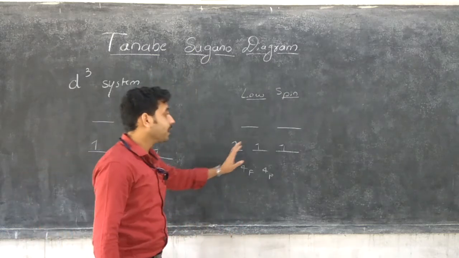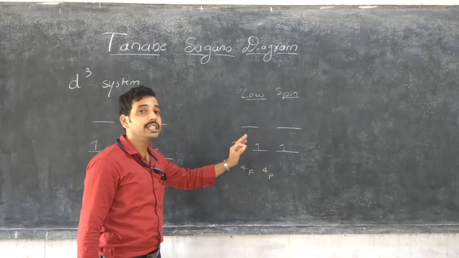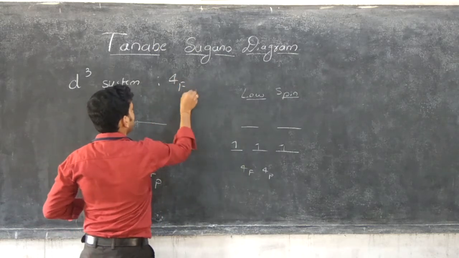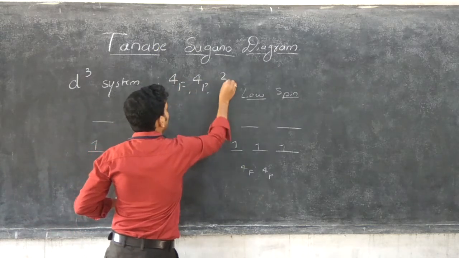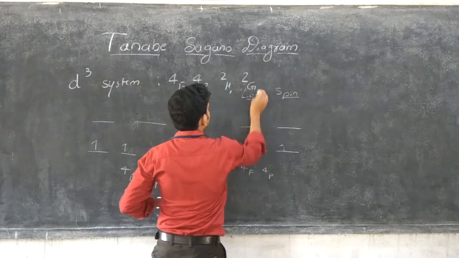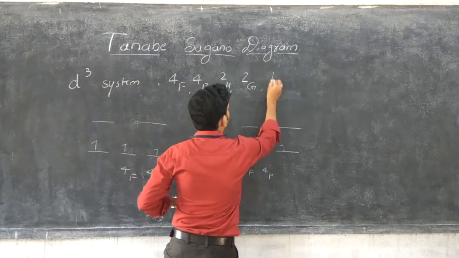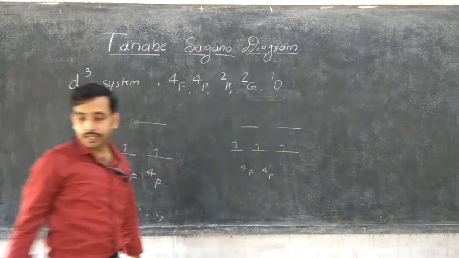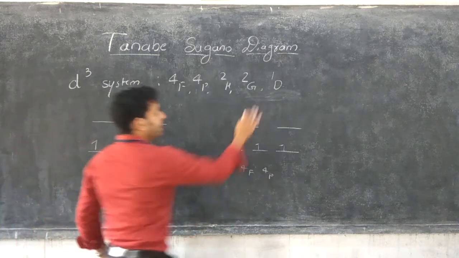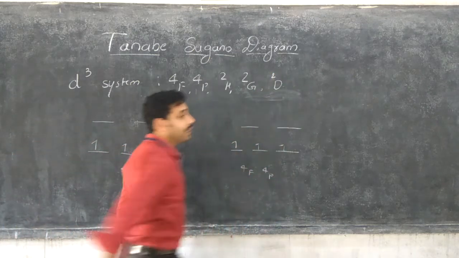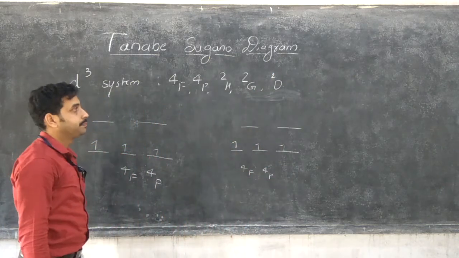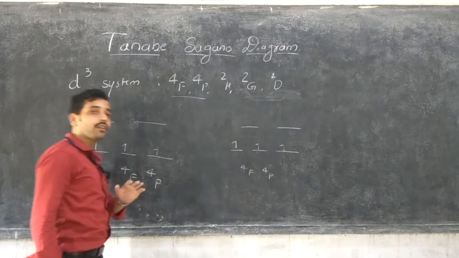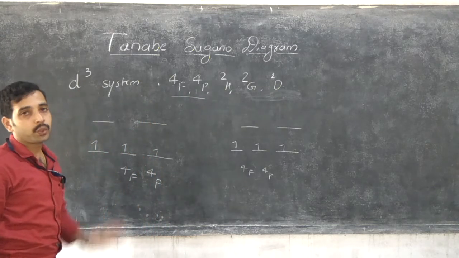Based on its electronic arrangement, the Russell-Saunders terms of the d3 system are 4F, 4P, 2H, 2G, 2D and so on. These are some other spectroscopic notations, but we consider only these two for the diagram while drawing the Tanabe-Sugano diagram.